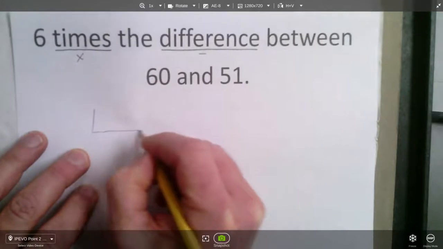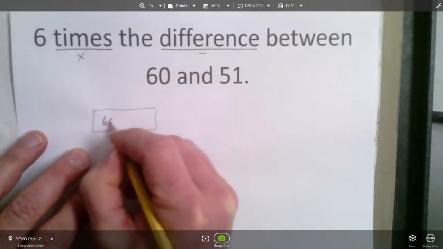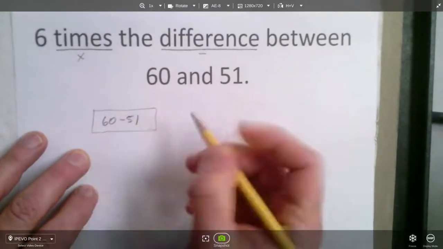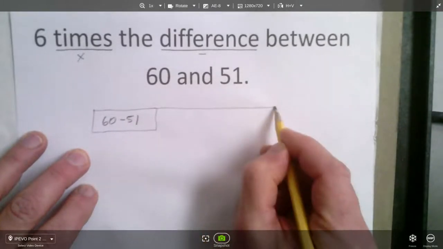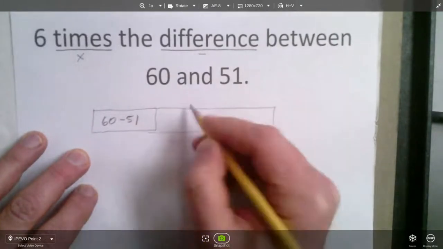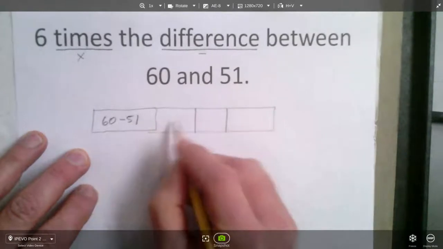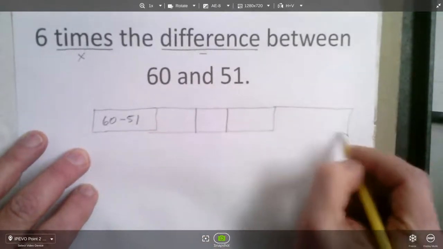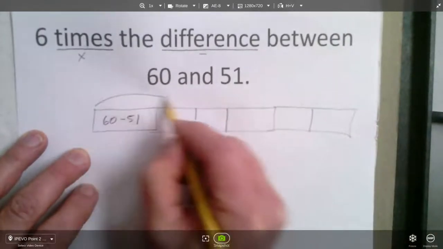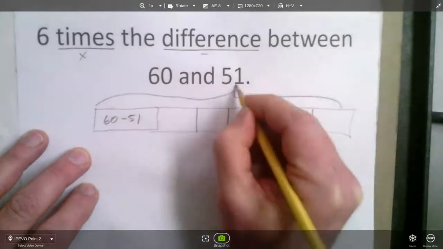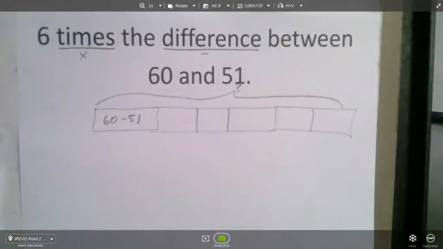So if I were going to draw a picture, 60, the difference between 60 and 51, and I want 6 of those, 1, 2, 3, 4, 5, 6, I want 6 of those.